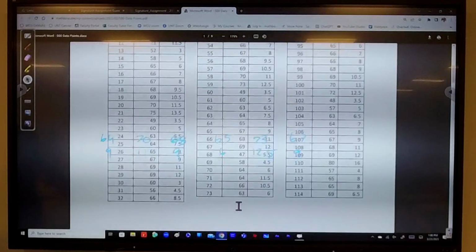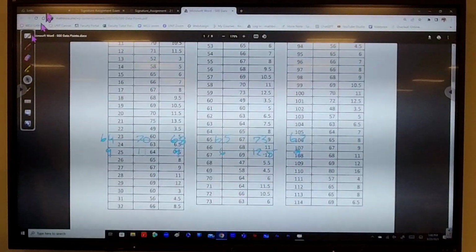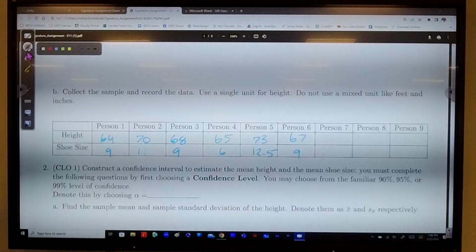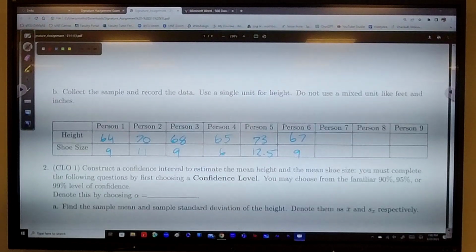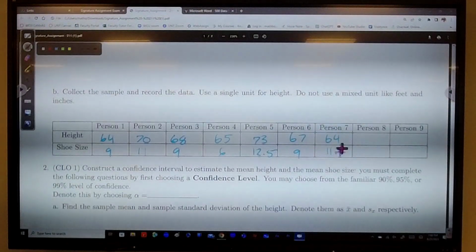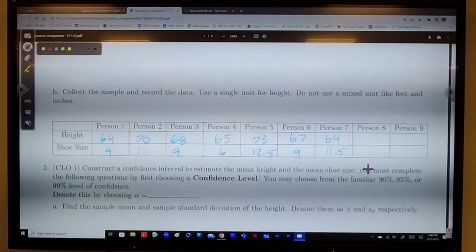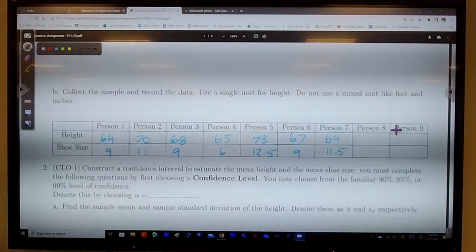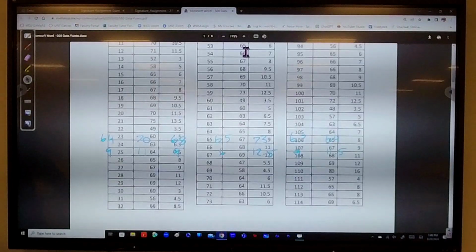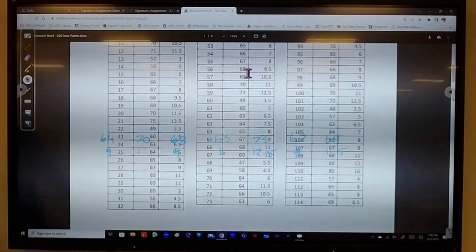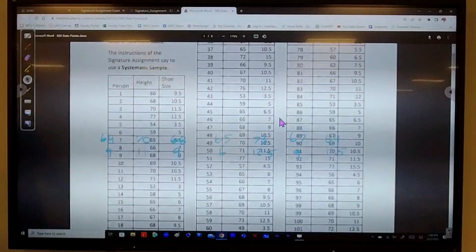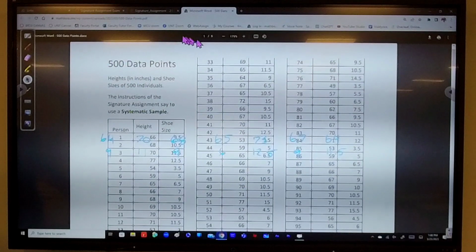Number 71 is 64 and 11.5. And then 77, 49 and 3.5.